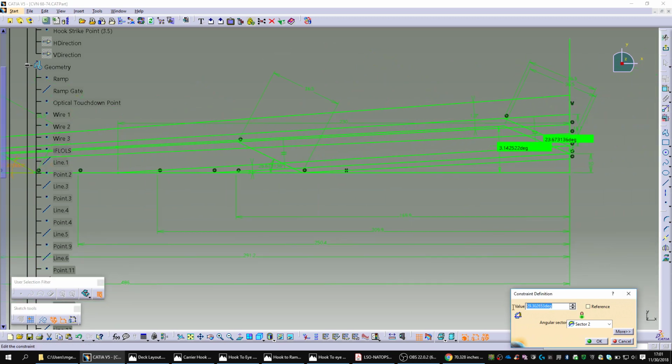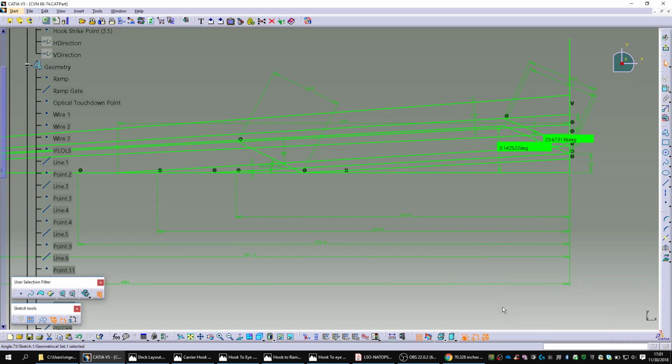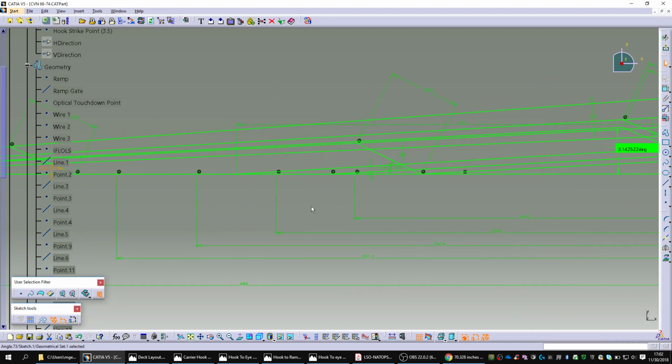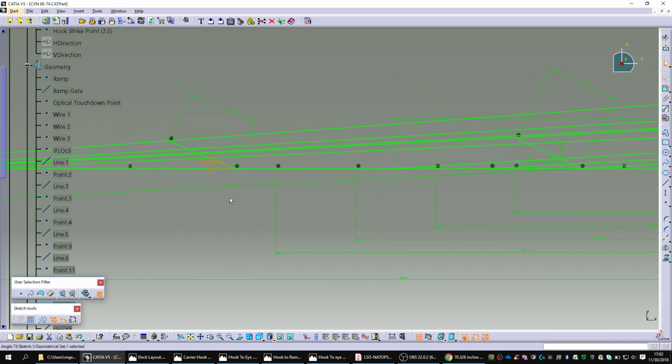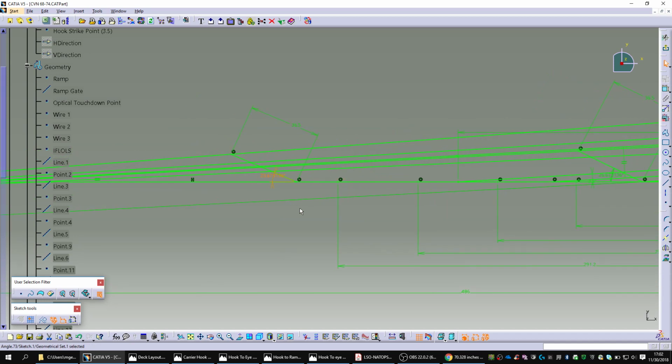But hey, it's all I got. I've got an inquiry in, see if I can get station line and water line for hook and eye, so I know that distance. And I want to get angle of attack relative to those station lines and water lines. But that's all I got so far.